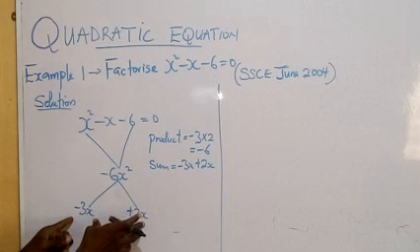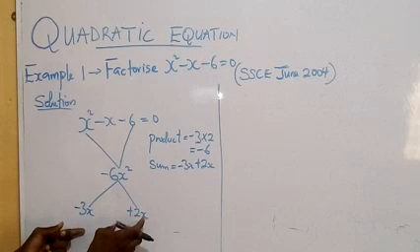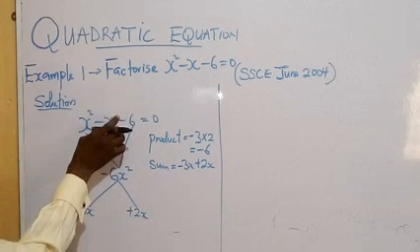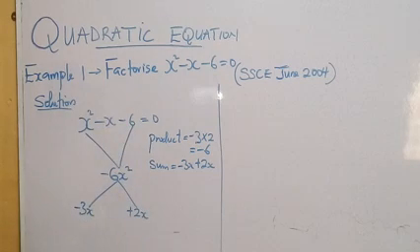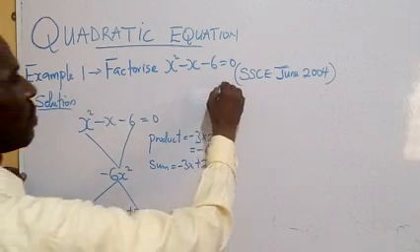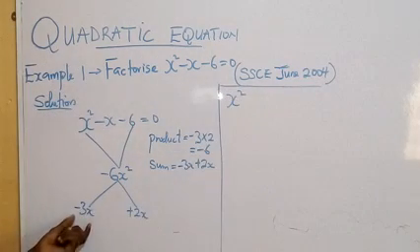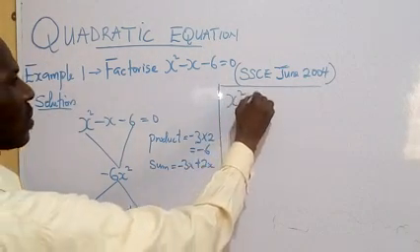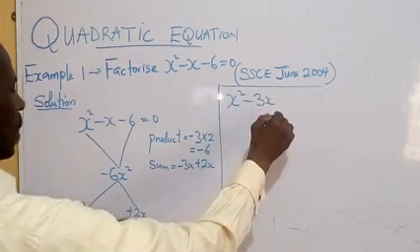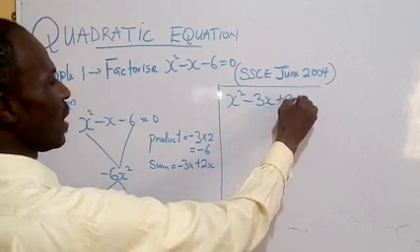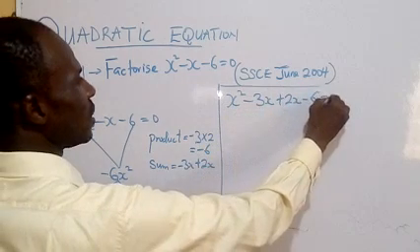Replace these 2 numbers with the middle term. Therefore, you have x squared minus 3x plus 2x minus 6 equals 0.